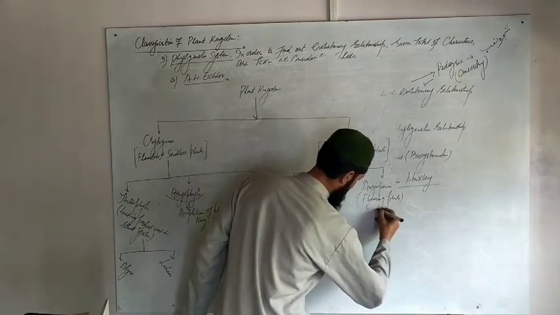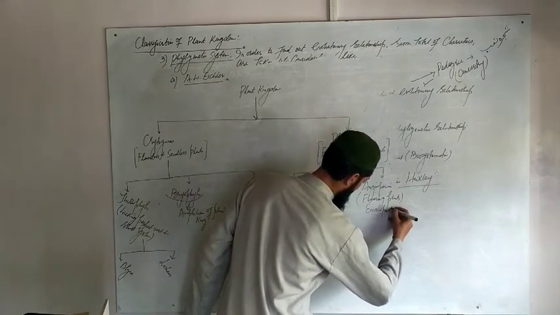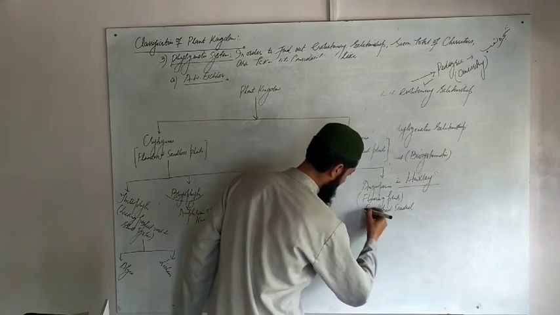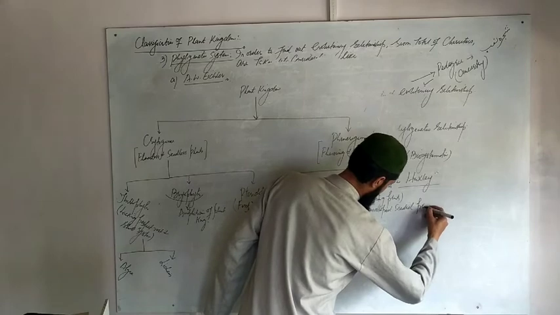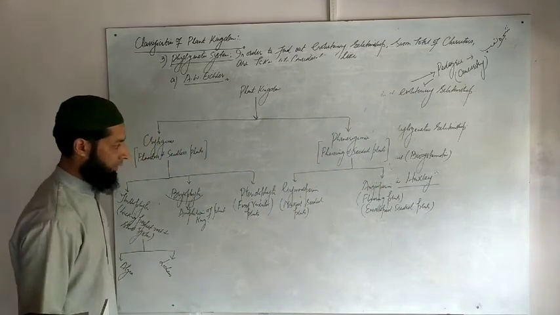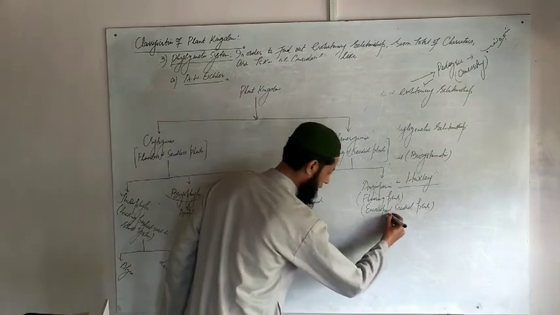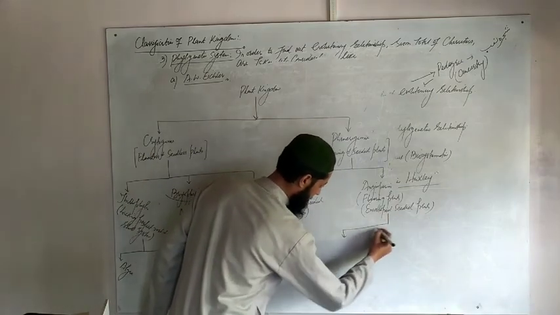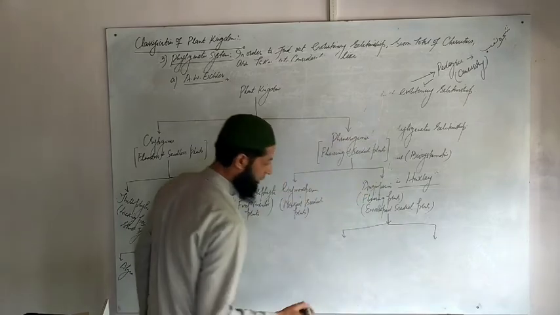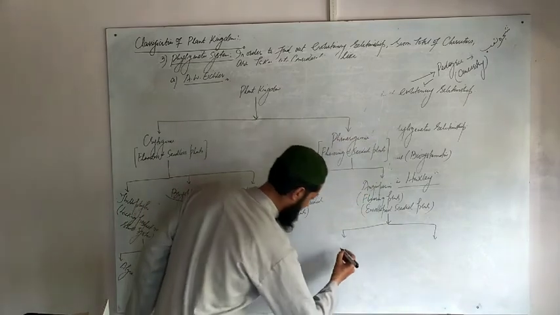Enveloped seeded plants, I would say closed seeded plants. And angiosperms are further divided into two types on the basis of the number of cotyledons in seeds.